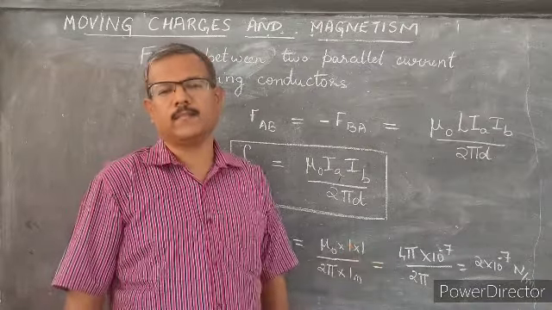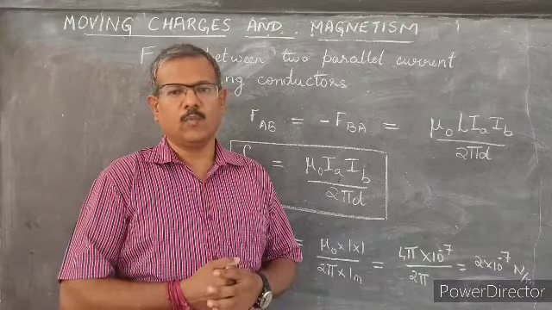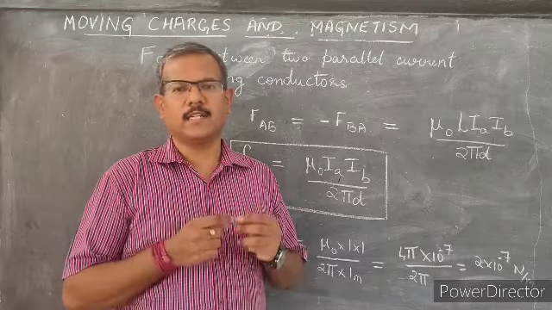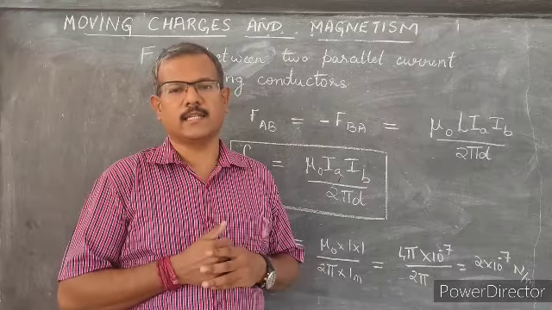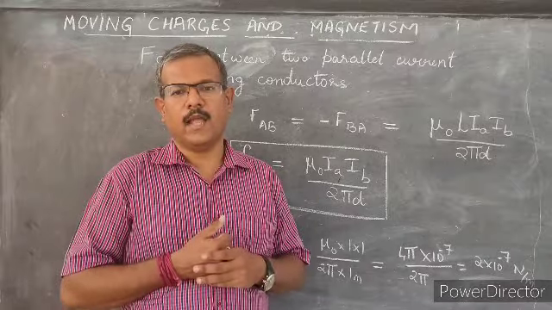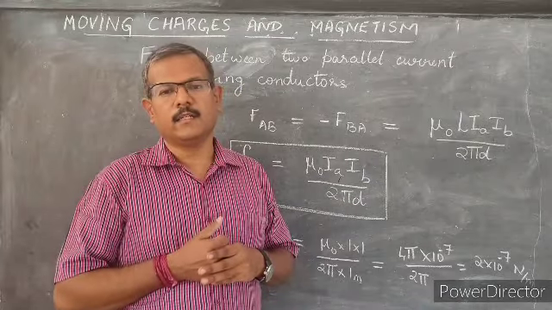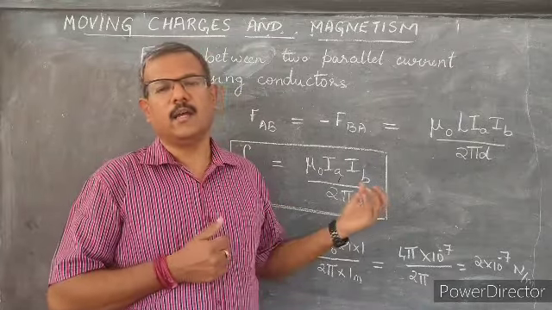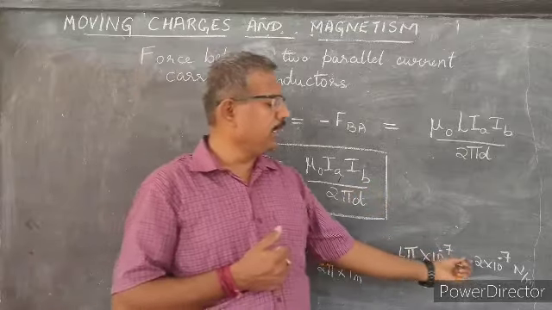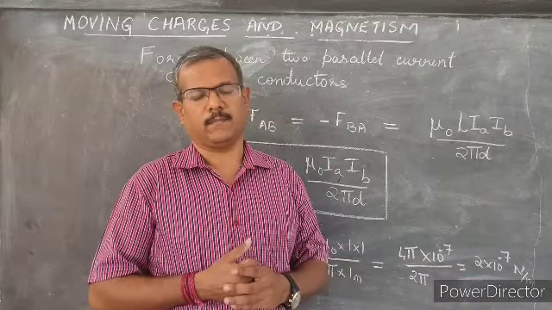So the ampere is that quantity of current which, when passed through two parallel extremely long conductors placed at a distance of 1 meter from each other, and which also have negligible cross section, then they both feel a force of 2 into 10 power minus 7 newtons per meter.